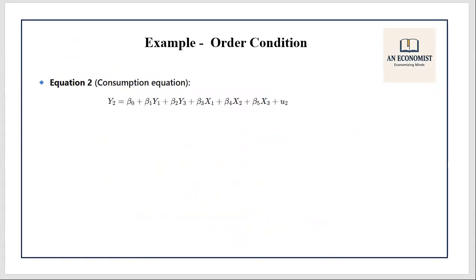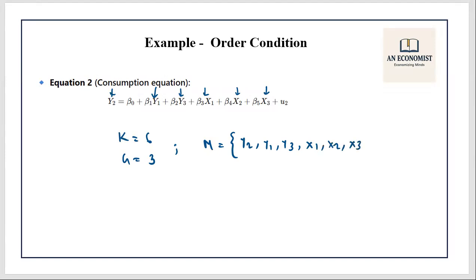Now, we can do a similar analysis for the second and the third equation. Let me show you. For the second equation, k remains the same and g also remains the same. The only thing is m. I hope it becomes clear to you that m will be 1, 2, 3, 4, 5, 6. See, y2 is endogenous, y1, then you have y3, then you have x1, x2, and x3.